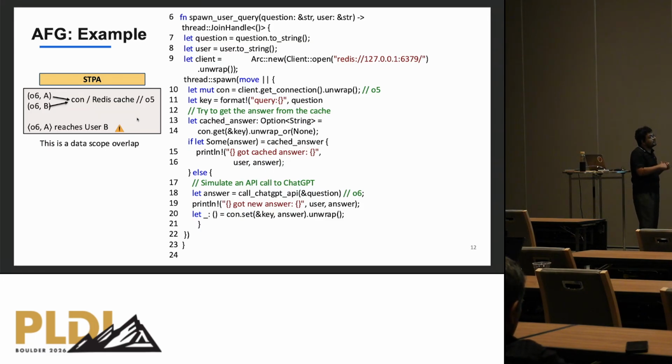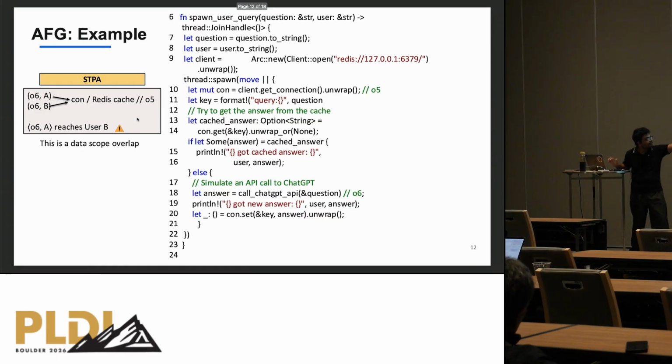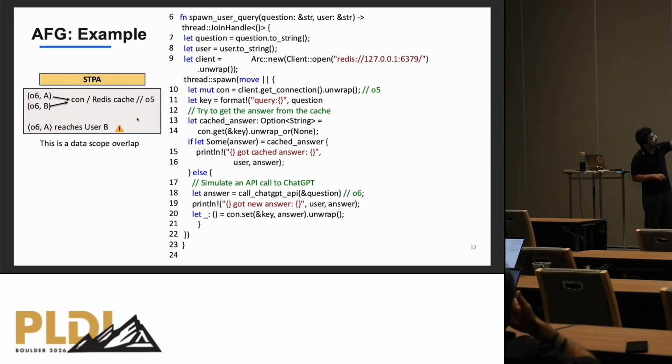So that will be tainted with an O5 origin tag, and then there will be some other tags. For example, the questions will be tagged as O6, the answers will be tagged as O6, and the questions are already tagged, as we have seen in the previous slide, as O1 and O2. So O6 is the answer, and O5 is the Redis connection that we are tracking right now.